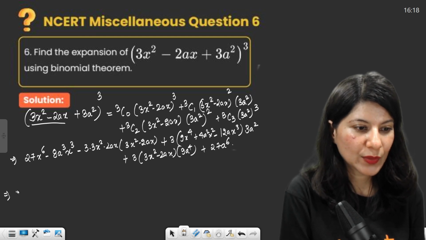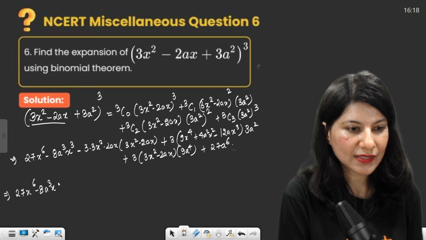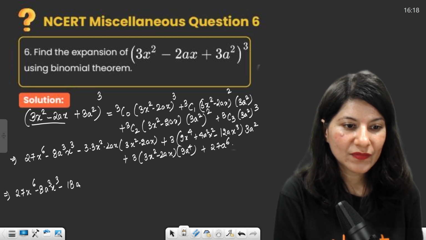Okay. 27x raised to power 6 minus 8a cube x cube minus 3 into 9 is 27... 18ax cube.